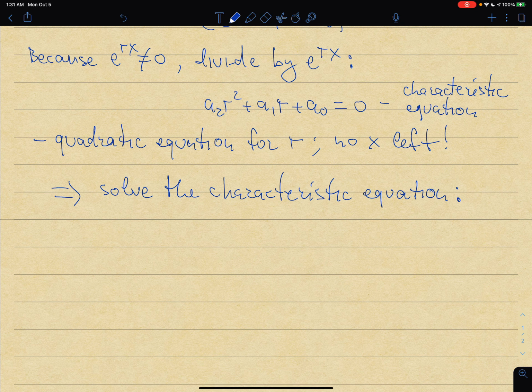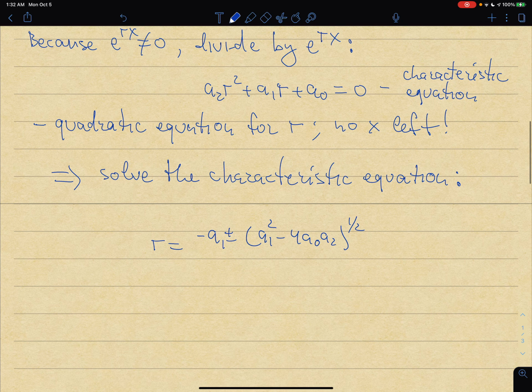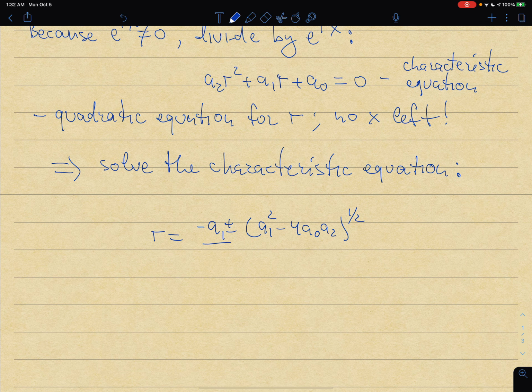And once I solve it, I get that r is equal to minus a1 plus or minus square root of a1 squared minus 4 a0 a2, to the power 1/2, everything divided by 2a2. Okay, so this is our characteristic equation.